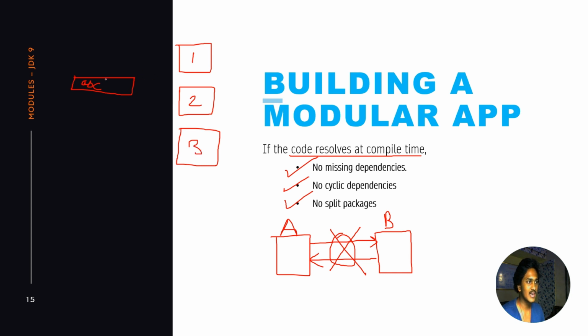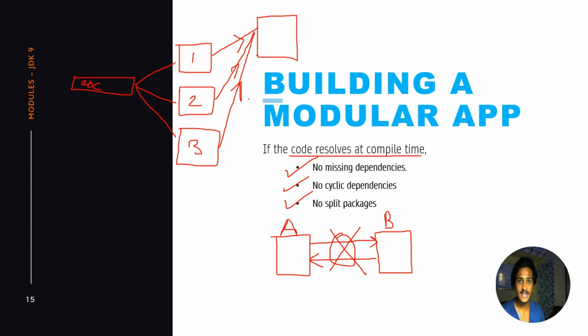And let's say I have a project which has a dependency on all these jar files. So what happens if, prior to JDK 9, you try to build this project, let's say project A, with the use of class path?